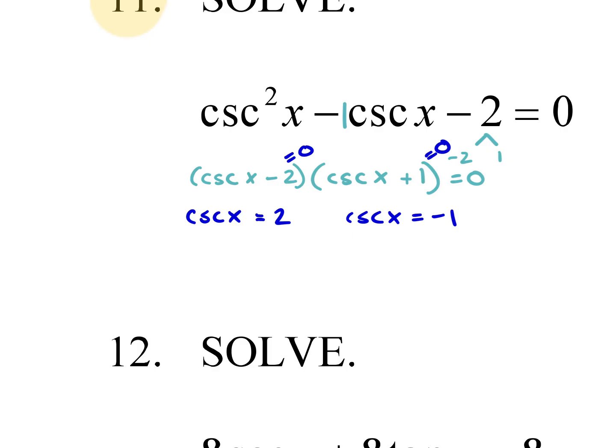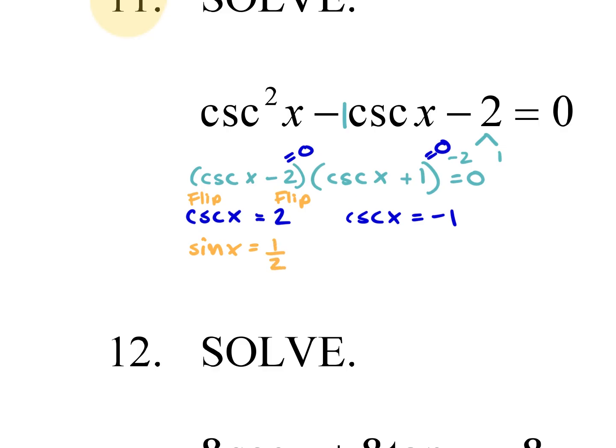What do we do next? Let's look on our unit circle. So cosecant is the reciprocal of which trig function? It's the reciprocal of sine. So I'm going to flip the left side to be sine, but if I do that, I also have to flip the right side too.